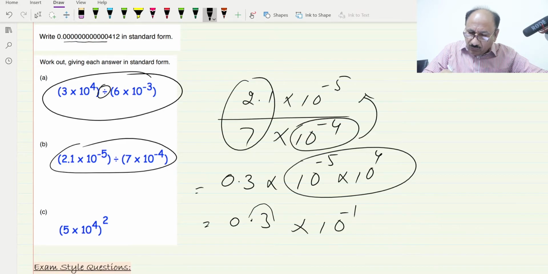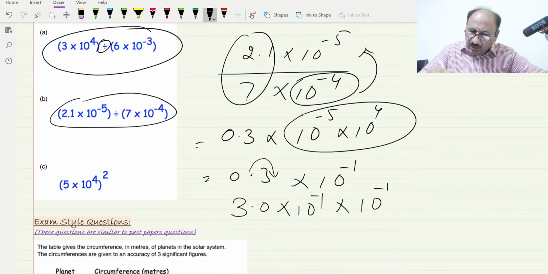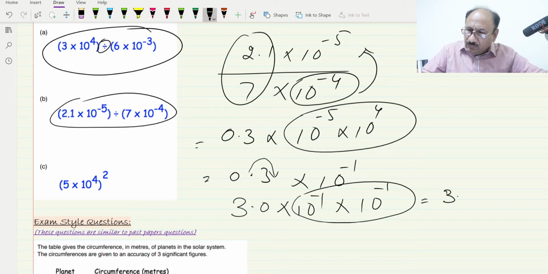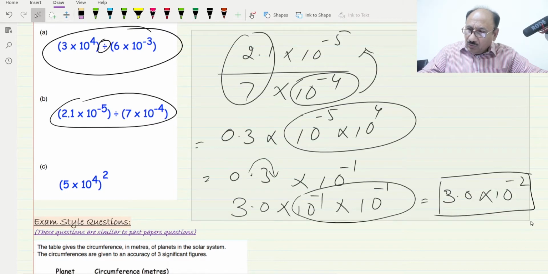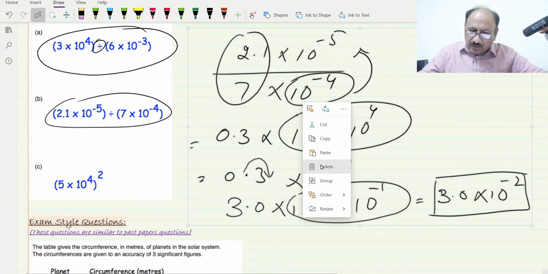We have to shift it to after 3, so we write 3.0 into 10 raised to minus 1, and 10 raised to minus 1 is already there, and we can combine these two, and the final answer we can write is 3.0 into 10 raised to minus 2. You can double check with the calculator also, and you will get the same answer. Hopefully you understood this part as well.